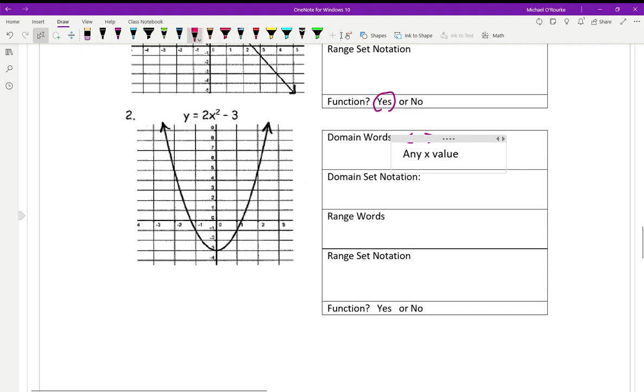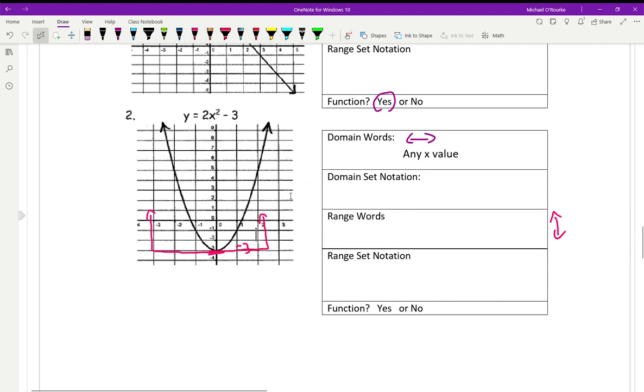Now, our range is up and down. And you'll notice it stops right here. There's nothing lower than this. Nothing lower than -3. -3 is the absolute lowest it goes. Sometimes what you do is go here and put a little box above it, and it's going to go forever up.